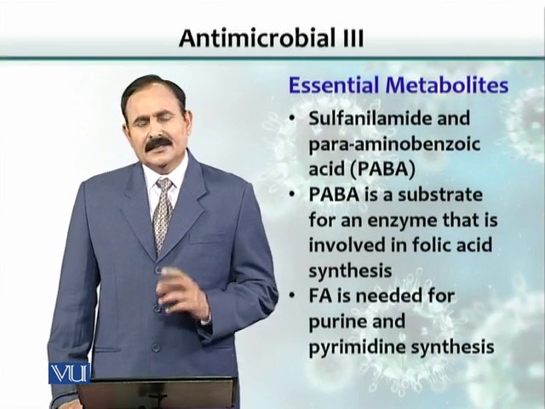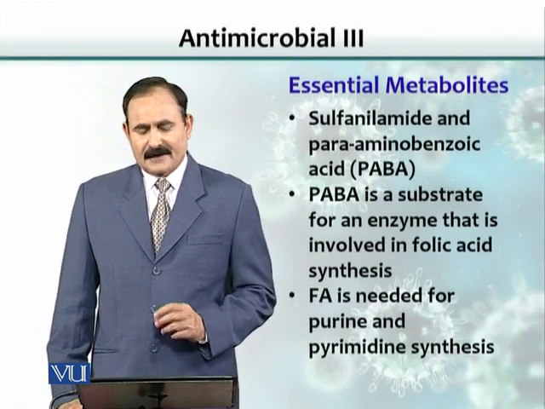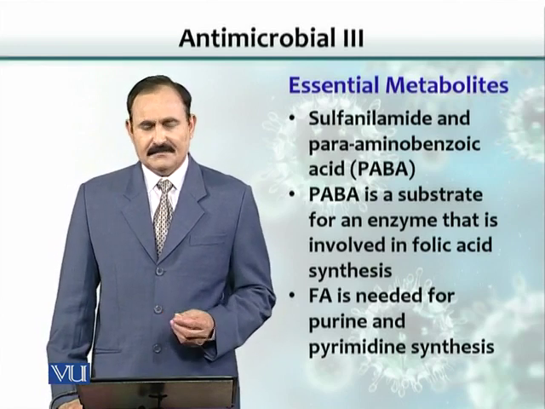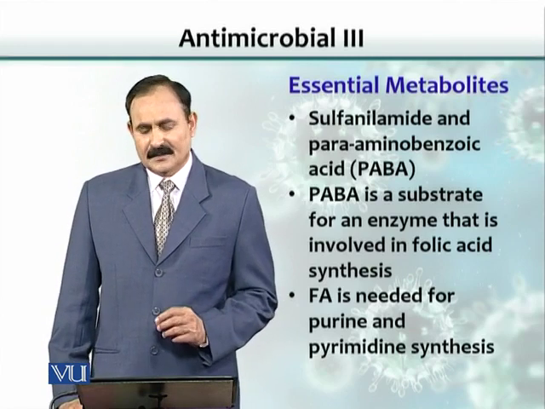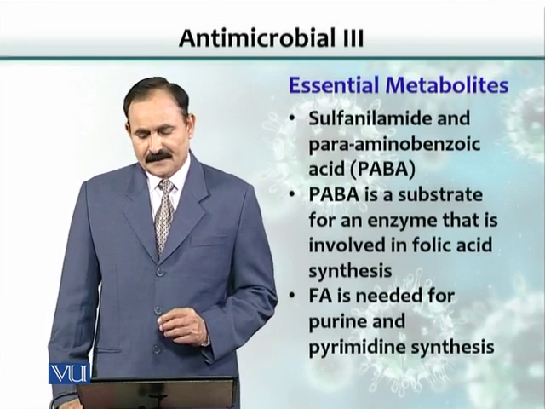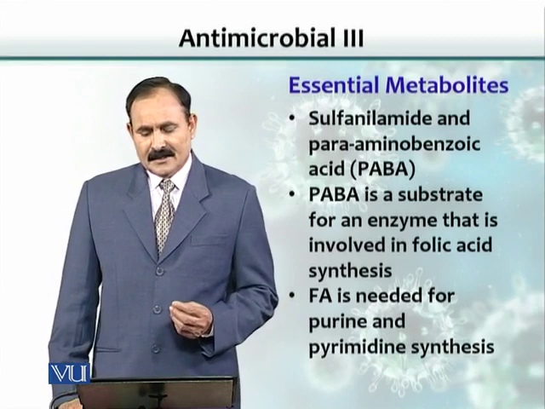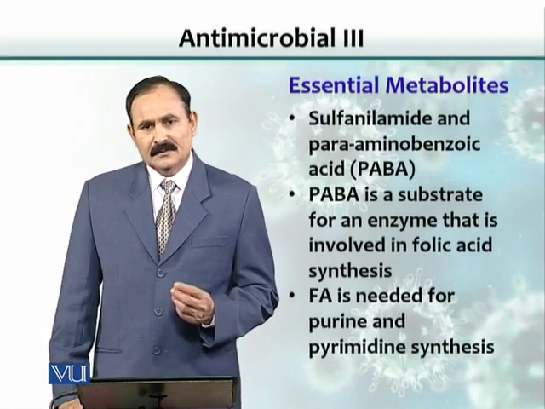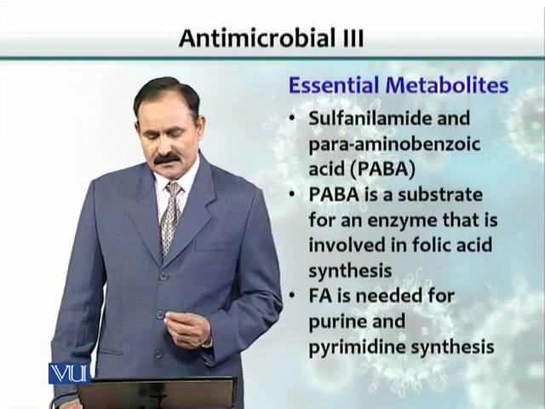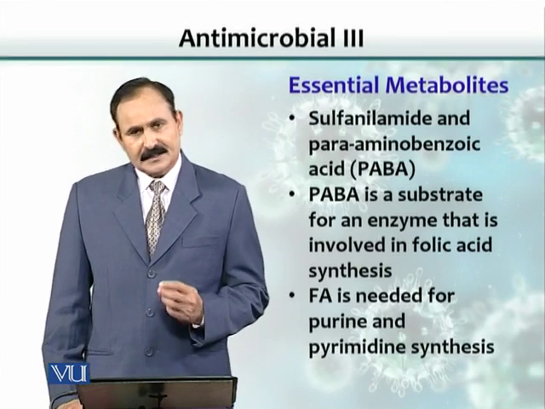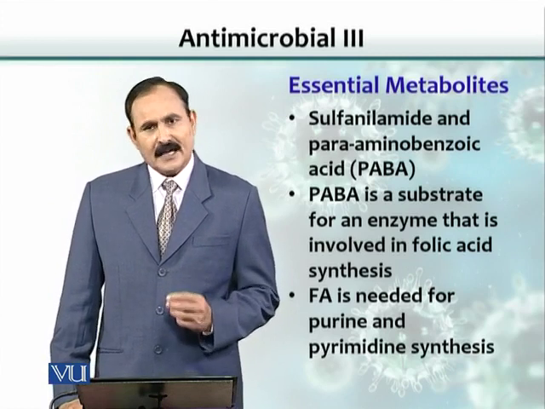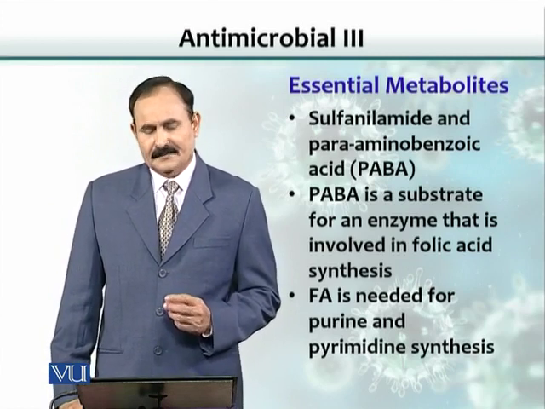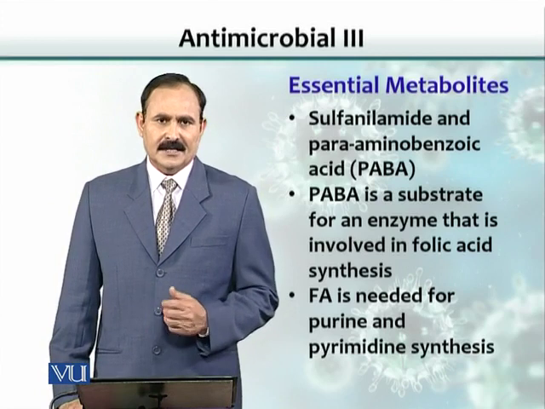Still other antimicrobials have a different target, like some can bind to enzymes. Sulfonamide is a very good example of such an antibacterial. Sulfonamide binds to para-aminobenzoic acid. This PABA is a substrate for an enzyme that makes folic acid, and folic acid is needed for purine and pyrimidine synthesis, which are part of DNA.